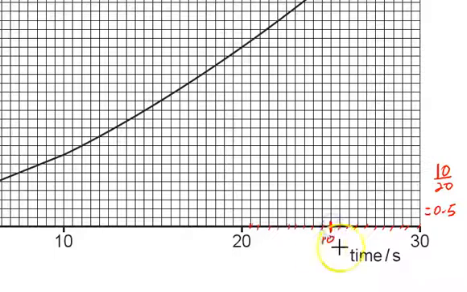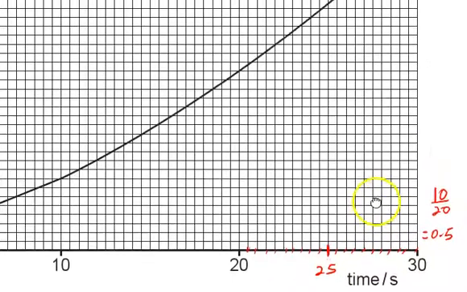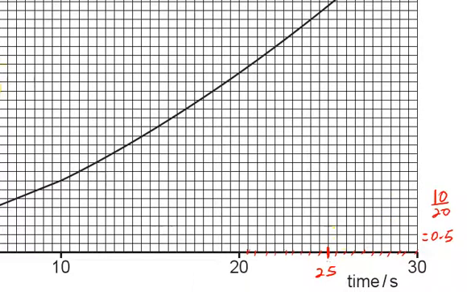So this is 10, which means this is 25. Now we look above the graph. I make a small line over here to keep it straight. This point is 25.